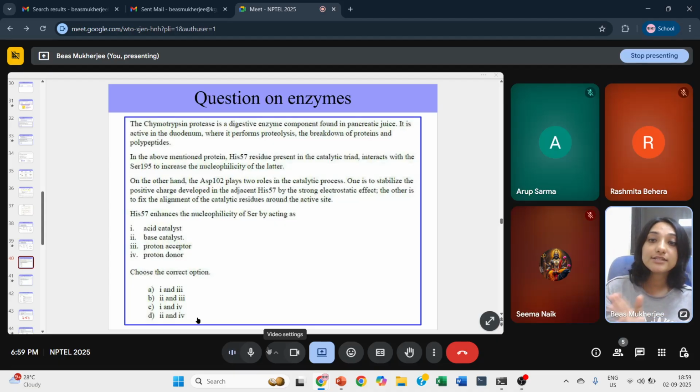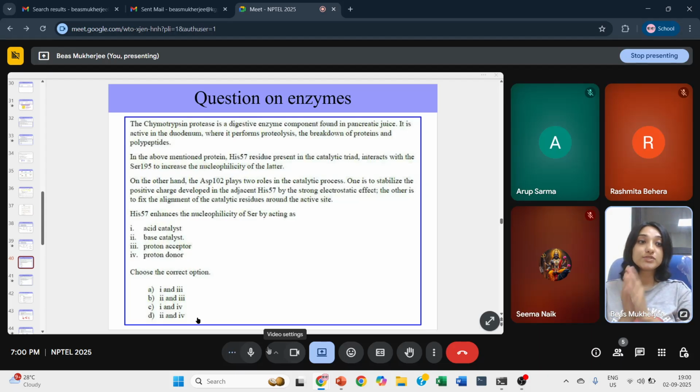On the other hand, the aspartate residue plays two roles in the catalytic process. One is to stabilize the positive charge on the adjacent histidine residue by a strong electrostatic effect, and the other is to fix the alignment of the catalytic residues around the active site. Now, histidine 57 enhances the nucleophilicity of serine by acting as an acid catalyst, base catalyst, proton donor, or proton acceptor.